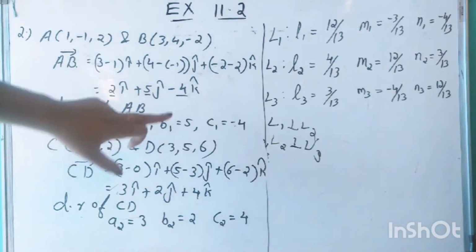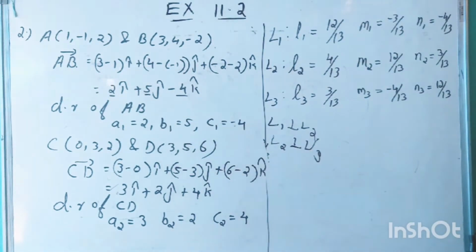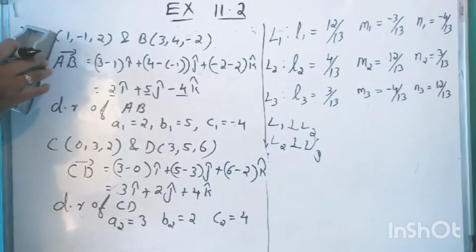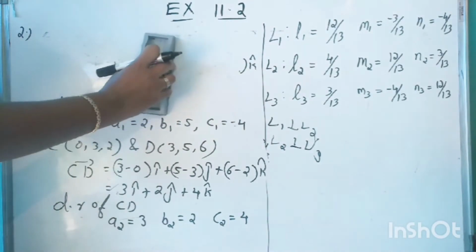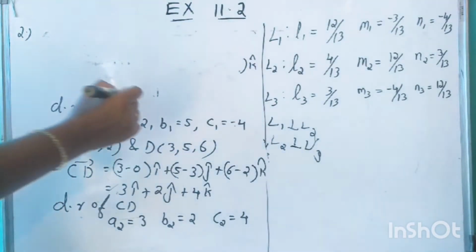Now we know the direction ratios, and we need to prove the line AB and line CD are perpendicular. In that case we need to prove A1A2 plus B1B2 plus C1C2 is equal to 0.